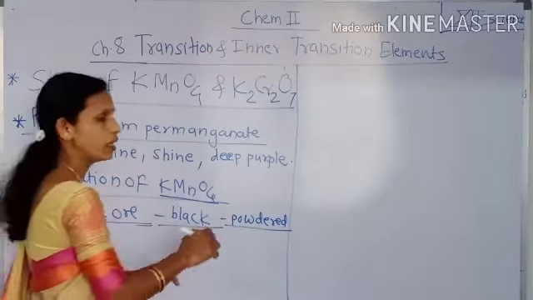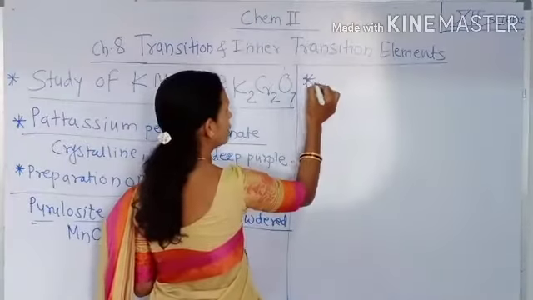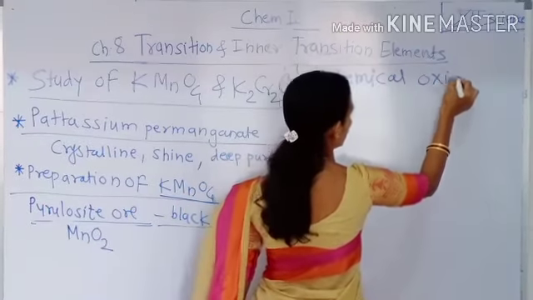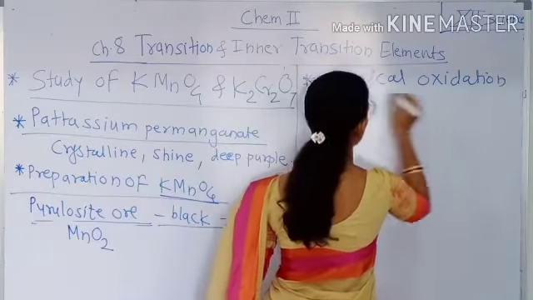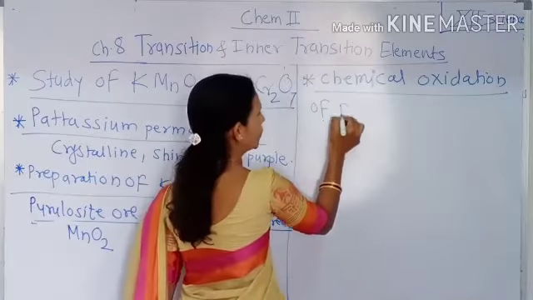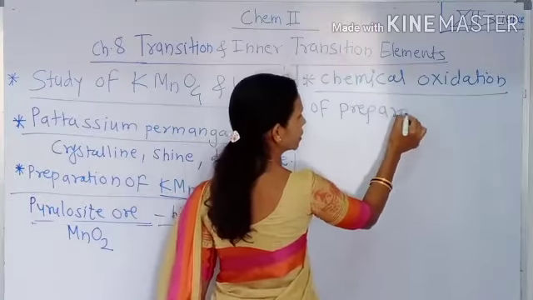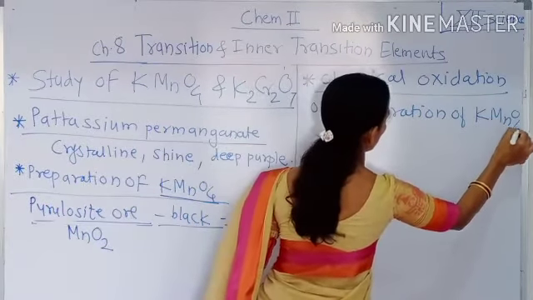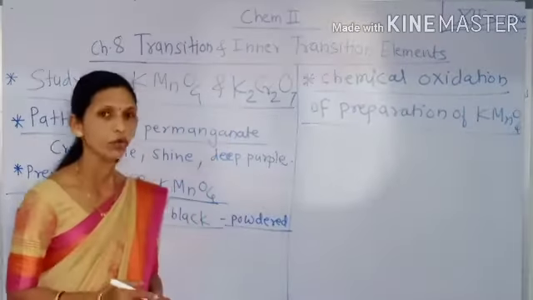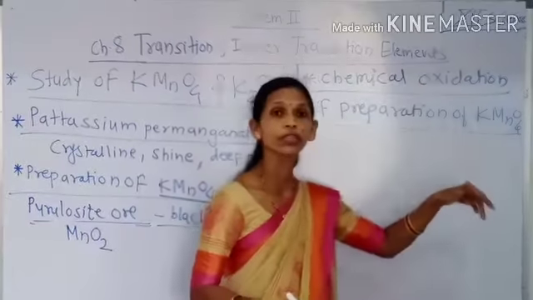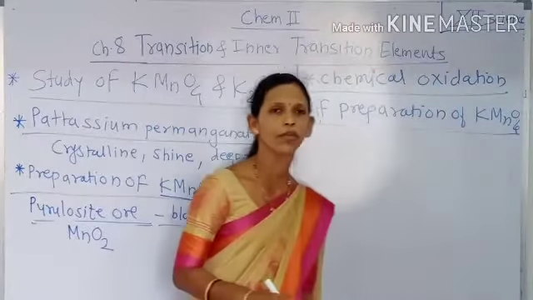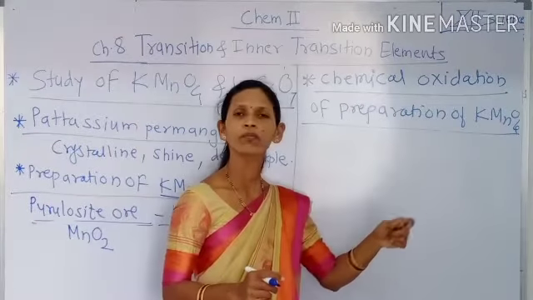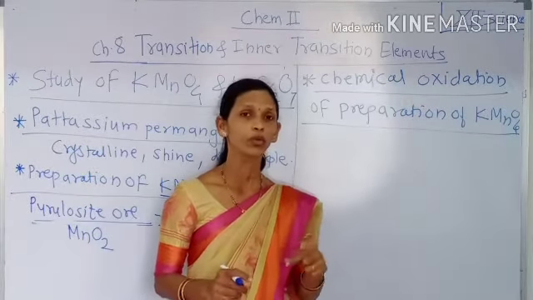First of all, we discuss the chemical oxidation process of preparation of KMnO4 in the laboratory. KMnO4 is obtained from pyrolusite ore, that is MnO2 powder.